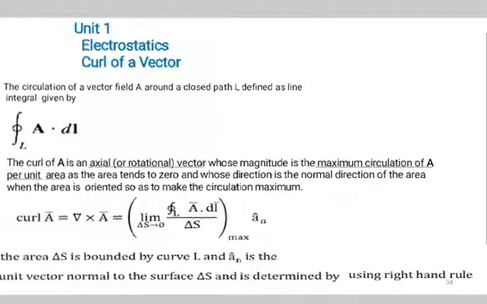So del cross f bar is equal to curl of f bar. Curl f bar is a vector quantity.